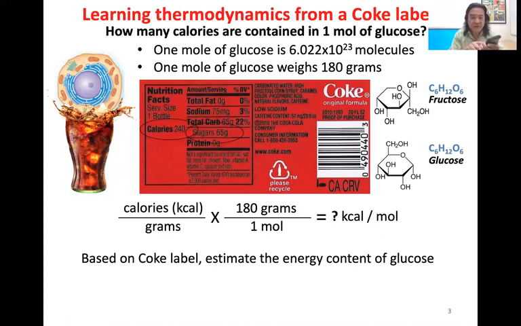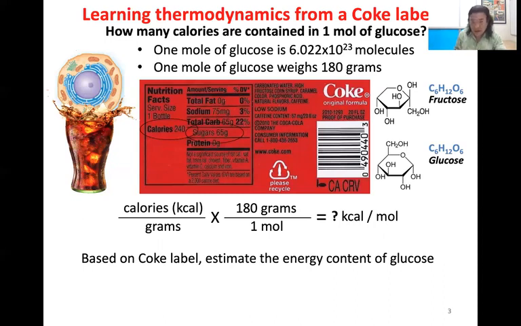So 240 kcals based upon this label, divided by 65 grams of sugar, times 180 grams of sugar per mole of sugar. So that gives you 665 kcals per mole of energy contained in glucose.